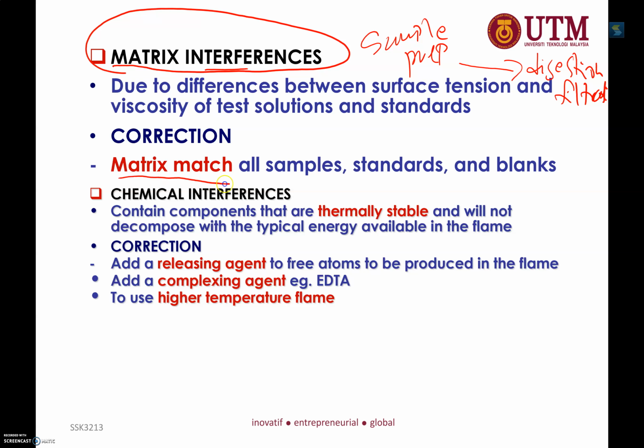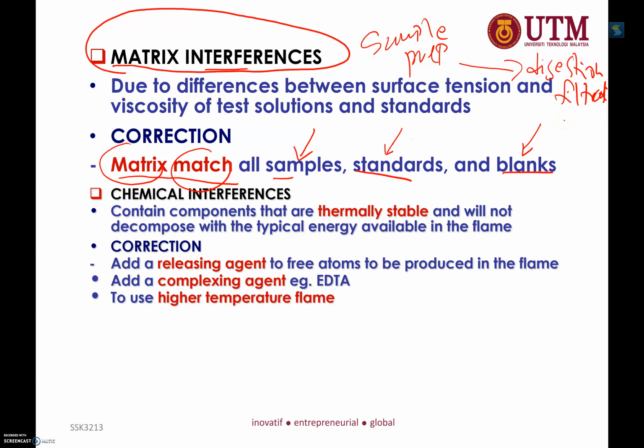So what can be done to correct matrix interference? We can matrix match all the samples. I believe you already learned this in principles of analytical chemistry. It means you match the matrix in the sample, standards and blanks. If your sample is seawater, your standard must be prepared in seawater, and your blank must also contain seawater.